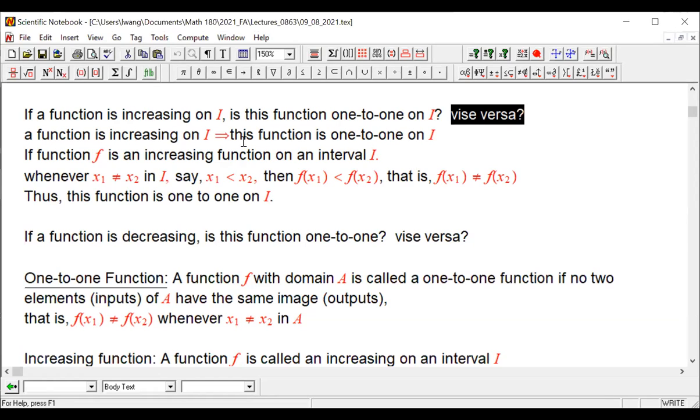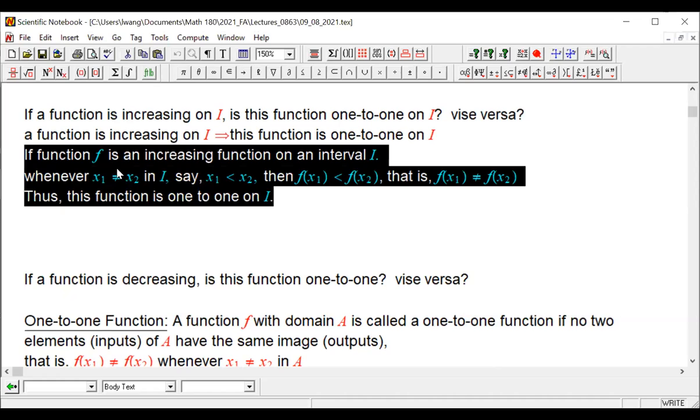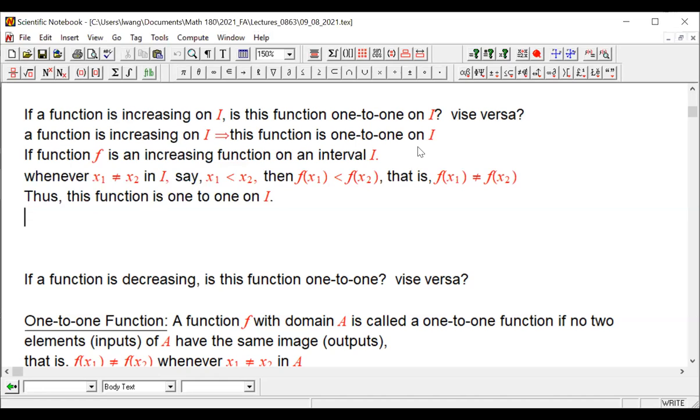Okay, the next question is, I'm going to reverse it. On this piece, we have demonstrated that if a function is increasing, then it is a one-to-one function on the same interval. We have proved it. But what if I switch the conclusion?